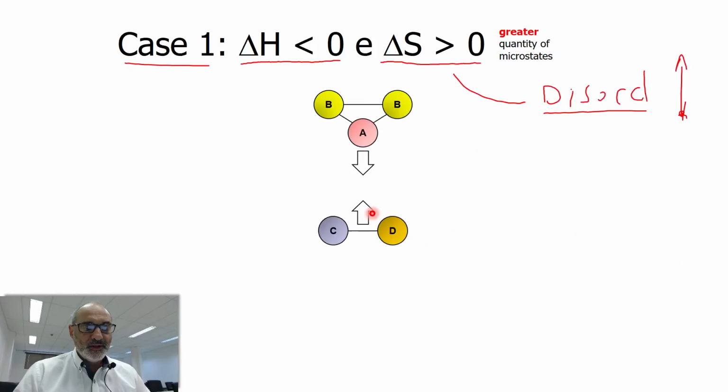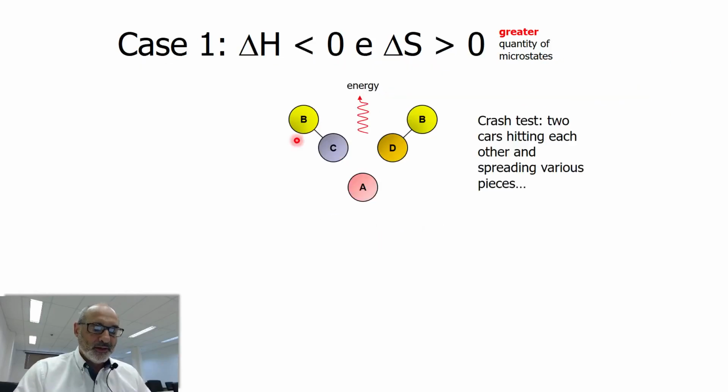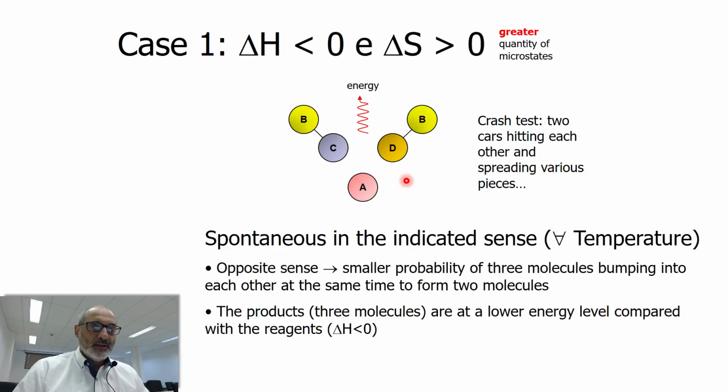Indicated sense means in this sense: two molecules bumping and bringing about three molecules. Since the process is exothermic and entropy increases, the process is spontaneous in the indicated sense at any temperature.